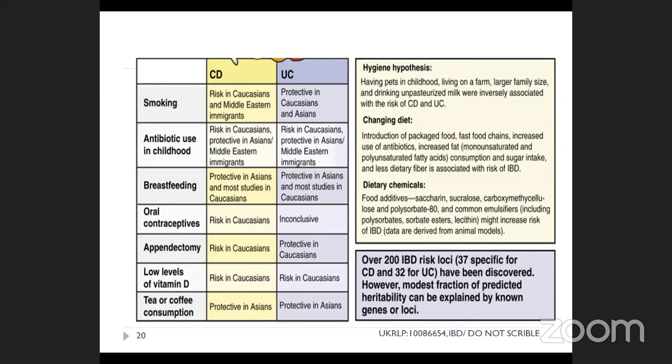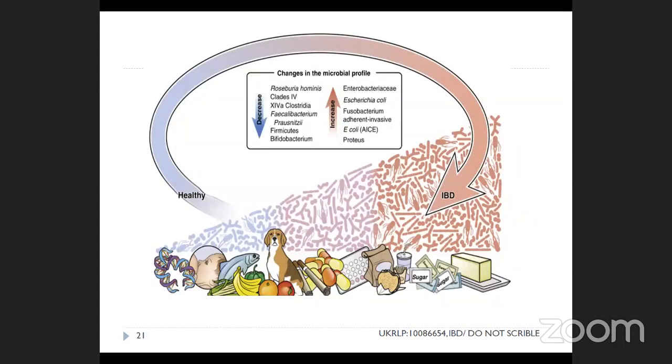So this is the change in the microbiota, or the microbial profile, in the lumen of the intestine, which triggers inflammatory bowel diseases. There is a conversion of the healthy microbiota to the unhealthy microbiota, and these are the food items which cause a healthy microbiota in the lumen of the intestine, and these are the food items which cause a poor microbiota in the intestinal lumen, which can trigger inflammatory bowel disease.